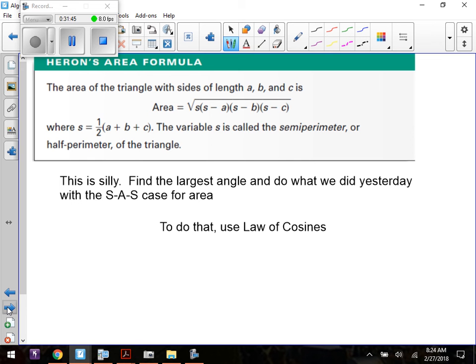I would just use law of cosines once, get the largest angle, then you have that side angle side. Remember we did that side angle side, it was 1/2, there was a side, and then the sine of the angle. I would do it that way. Okay? Don't ever use this formula, it's awful. Okay? Anyway.